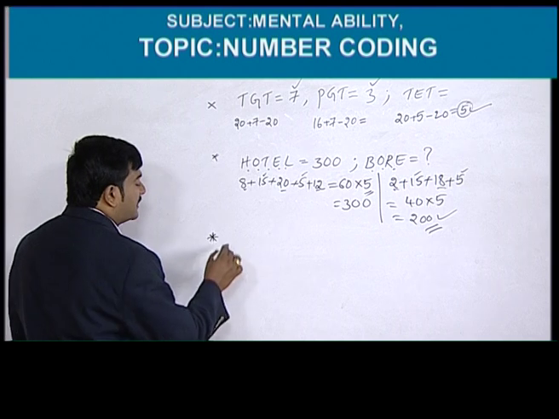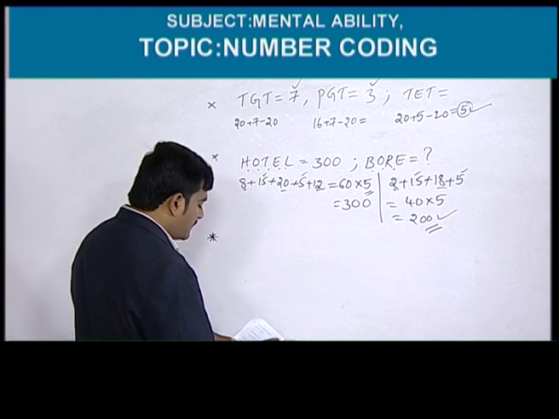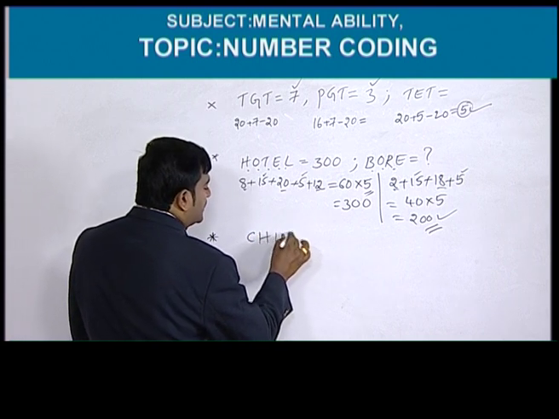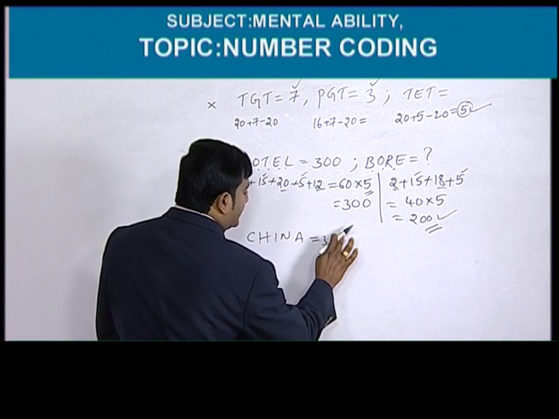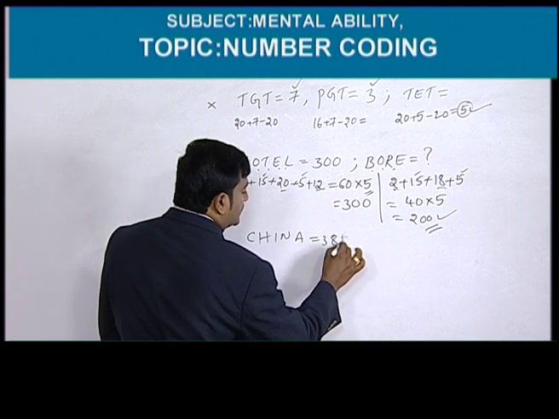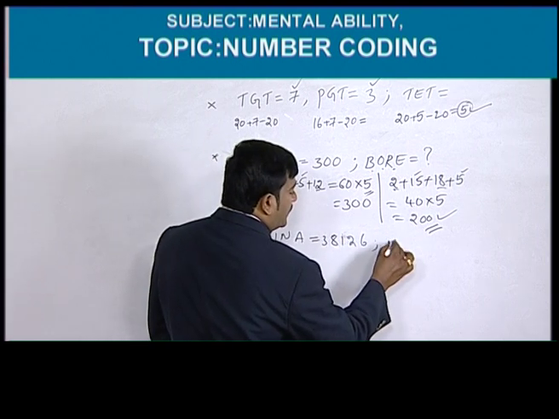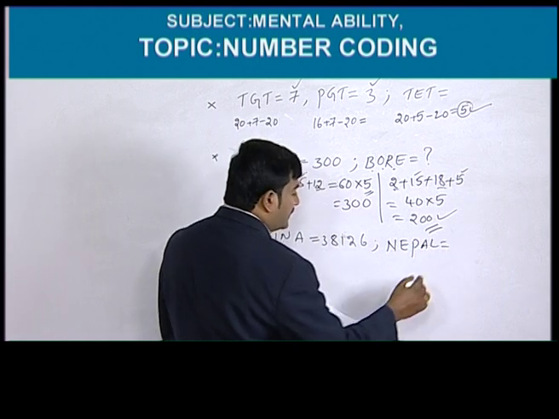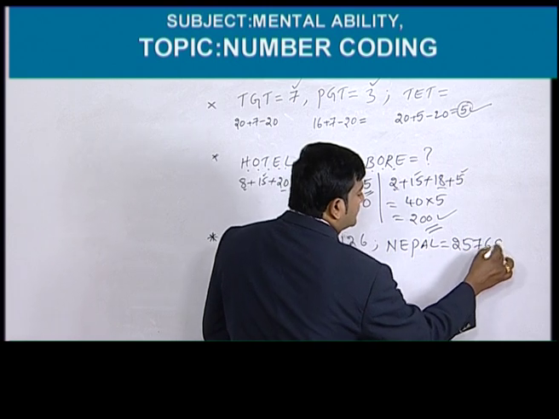Now we can discuss one more example in a certain code language. For example, China. In a certain code language, China is written as 38126. Similarly, Nepal is written as 25769.